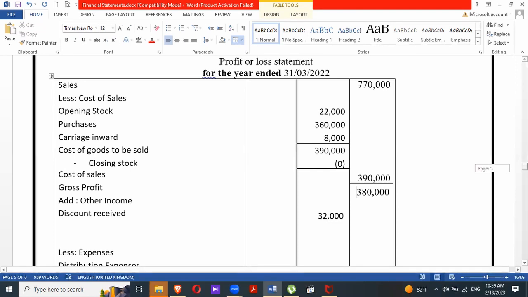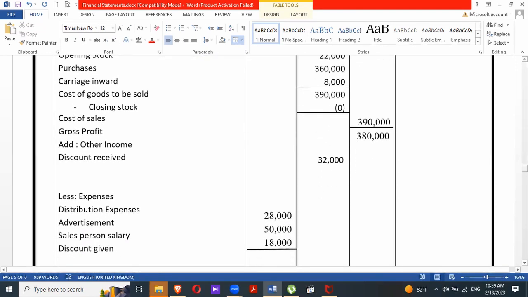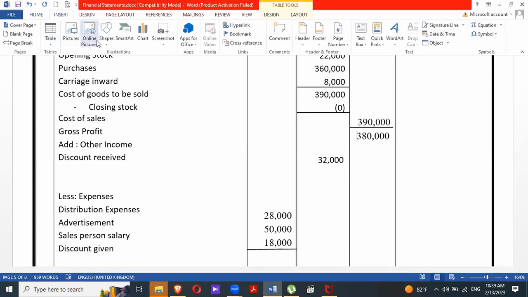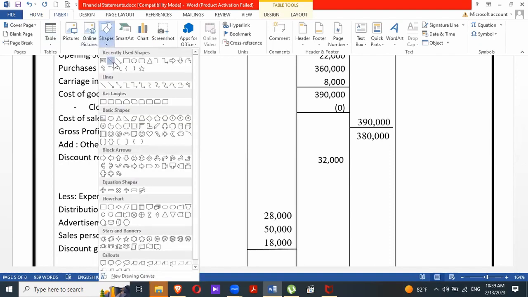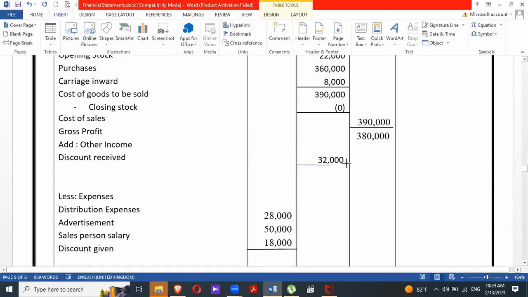Now we have to add other income to the gross profit, right? Only one other income here. So directly we can take that value to the corner column, or otherwise you can take it like this. After having a straight line here, then you can take the answer, right?